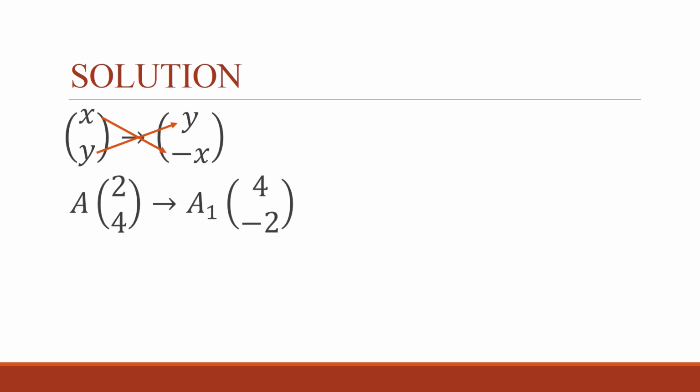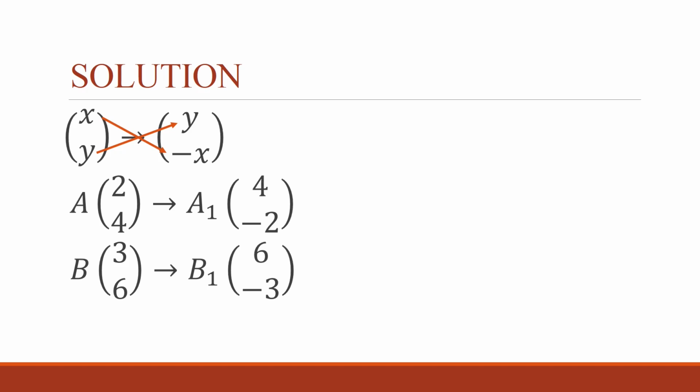The first point given to us was point A, which is (2, 4). And so as usual, the x coordinate, which is 2, moves down and is negated, whilst the y coordinate, which is a positive 4, moves up. And that will produce the image point A1 (4, -2). Point B was also given as (3, 6).